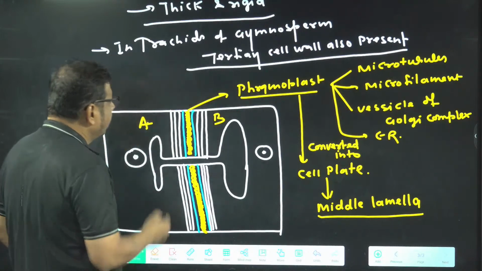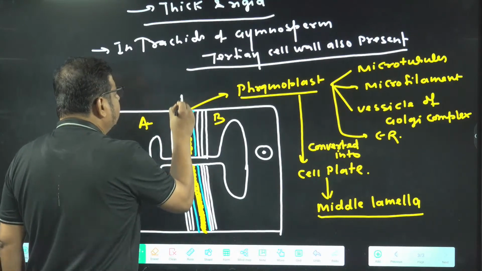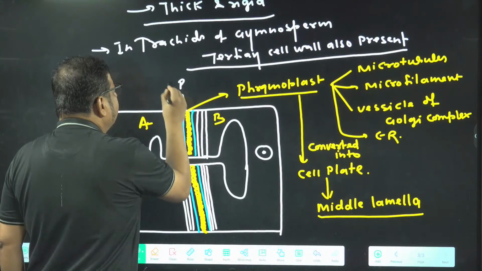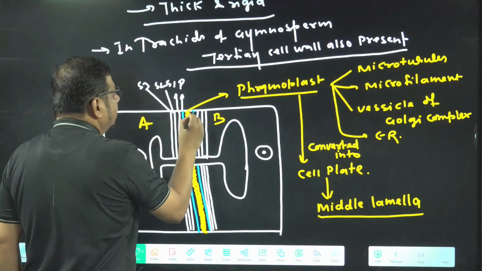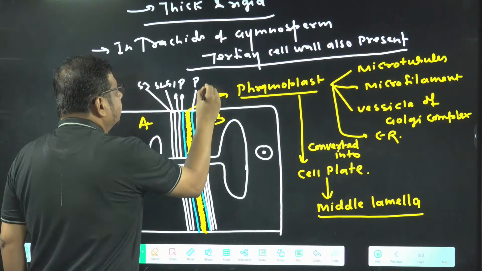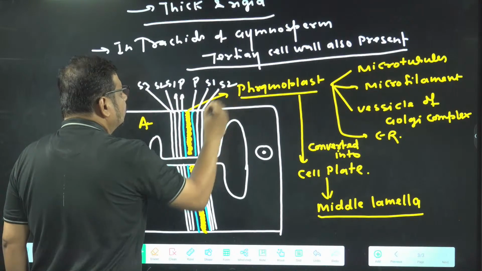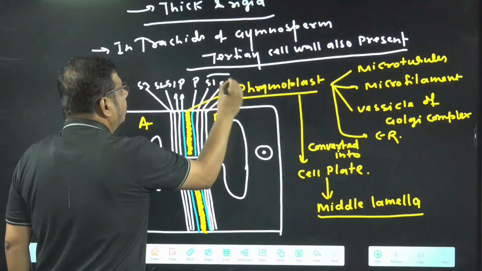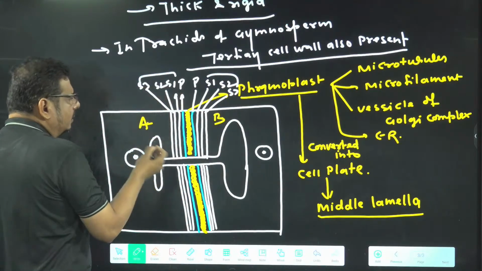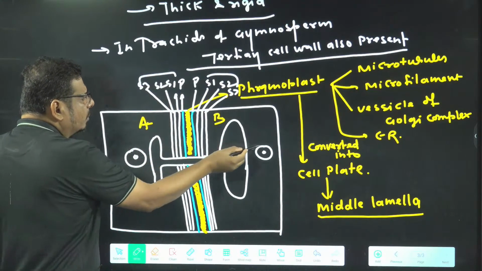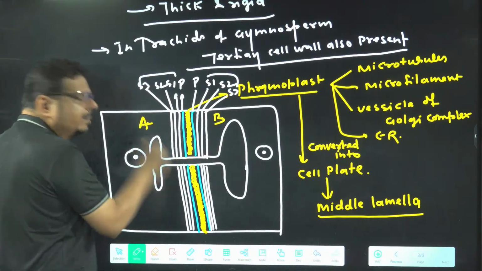And in some tracks, it is primary cell wall, it is P. It is S1. It is S2. It is S3. It is P, S1, S2, S3. These three are secondary cell wall. So the primary cell wall is present for both cells. But which is common for both cells?